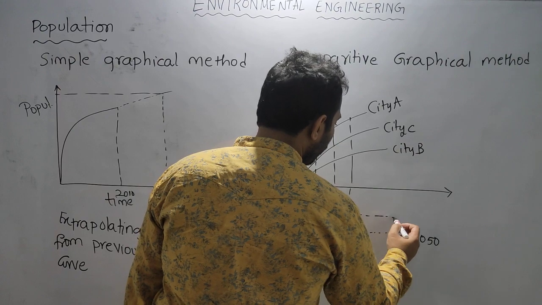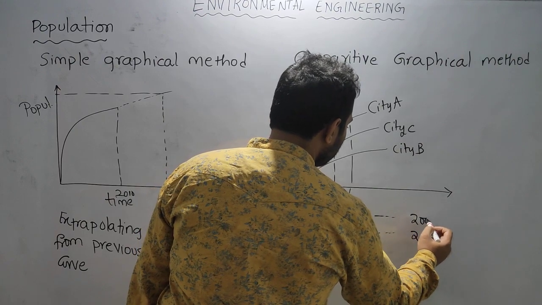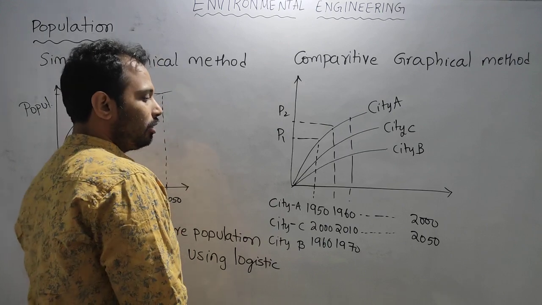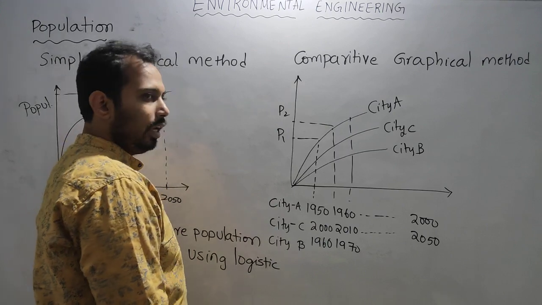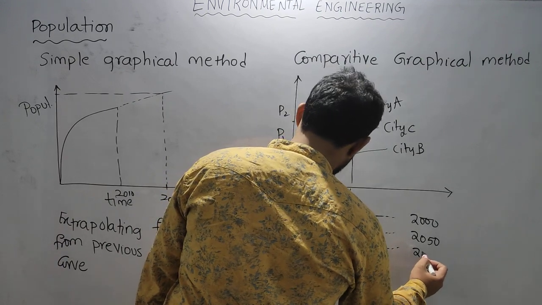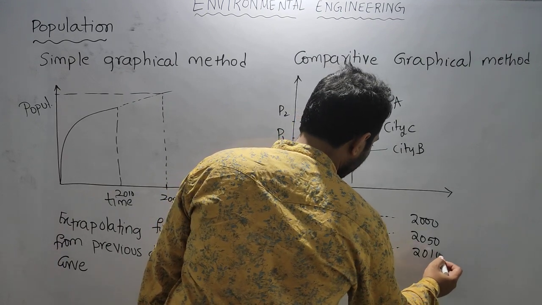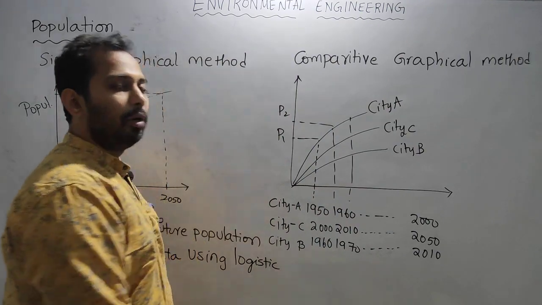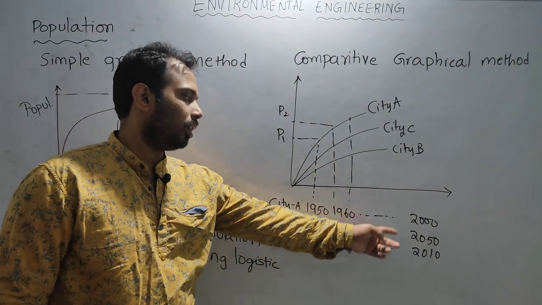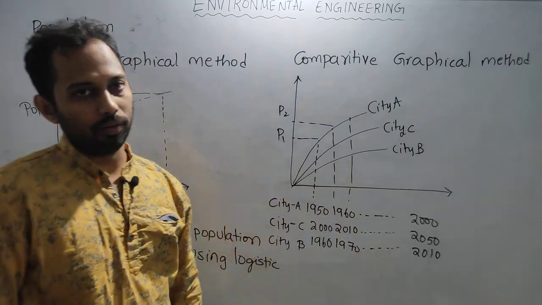So look at the population of city A in the year 2000 and the population of city B in 2010. It will be in between the populations of city A and city B.